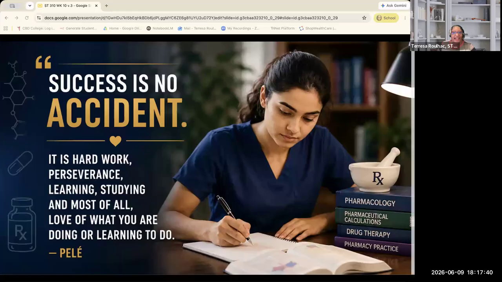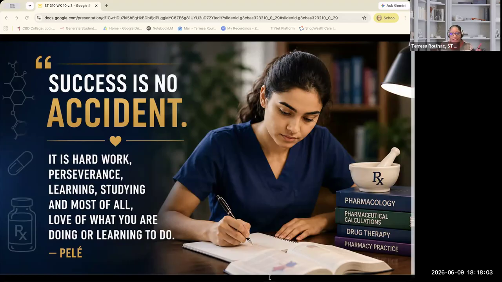Learning isn't about getting everything right the first time. It's about building knowledge one step at a time. As we move through tonight's live session, remember that the goal is not perfection. The goal is confidence, critical thinking, being able to apply what you've learned.